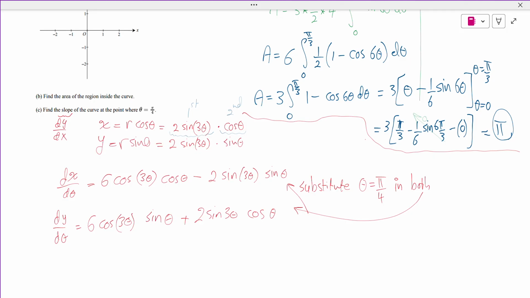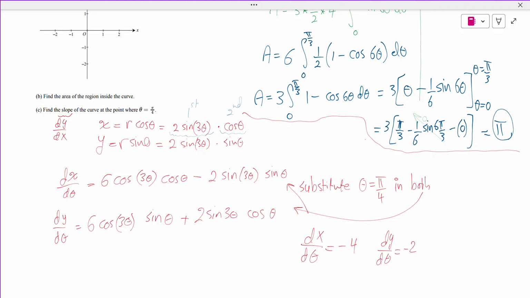What do we get for the first one, dx over d theta? We are supposed to get minus 4, and for dy over d theta, after substituting the pi over 4, you should get minus 2. But we are looking for dy over dx.